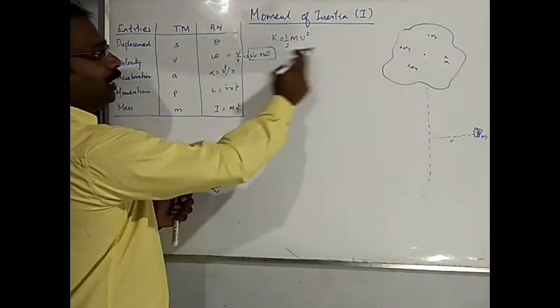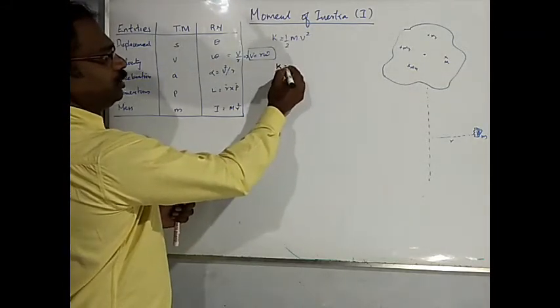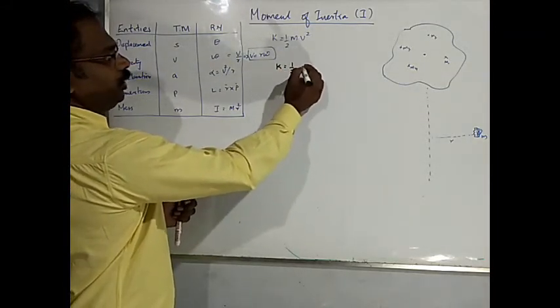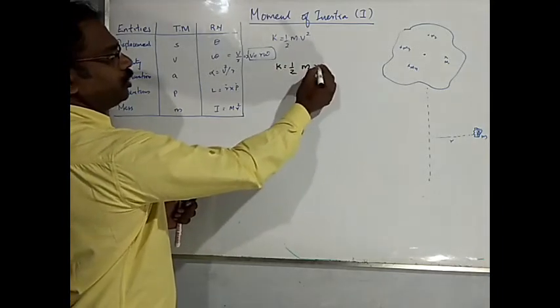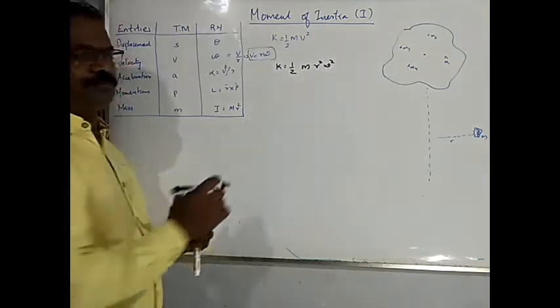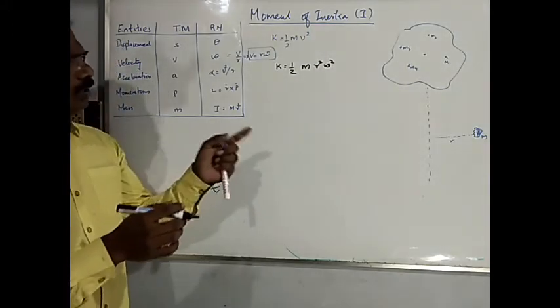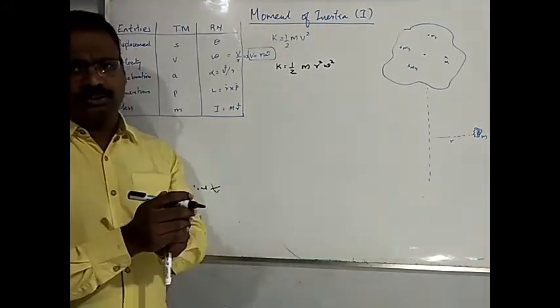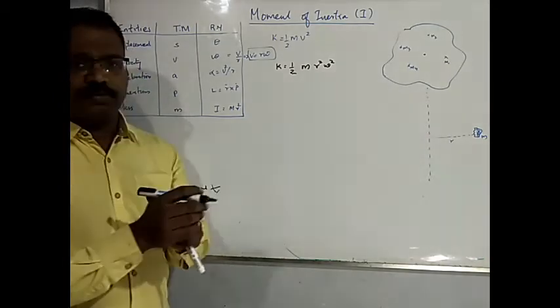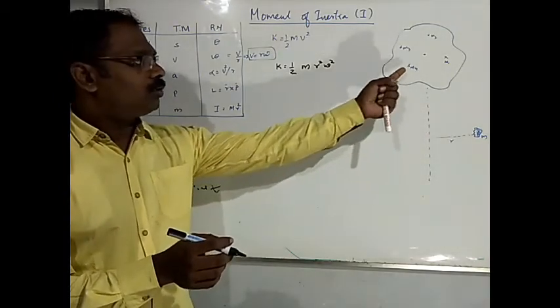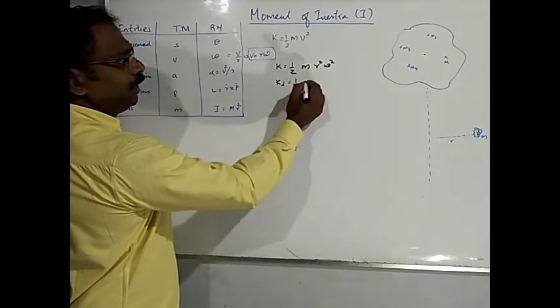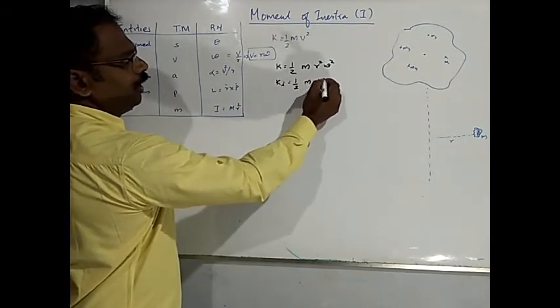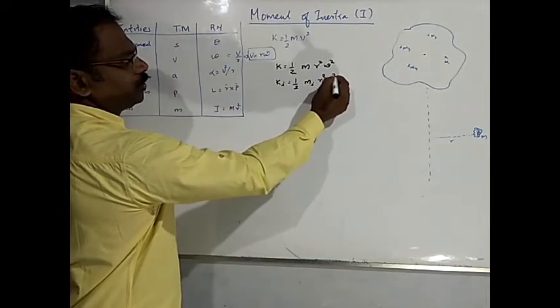The kinetic energy is equal to half m, and instead of v square I write r square omega square. We know the masses are at different positions. For the ith particle it will be half m i r i square omega square.